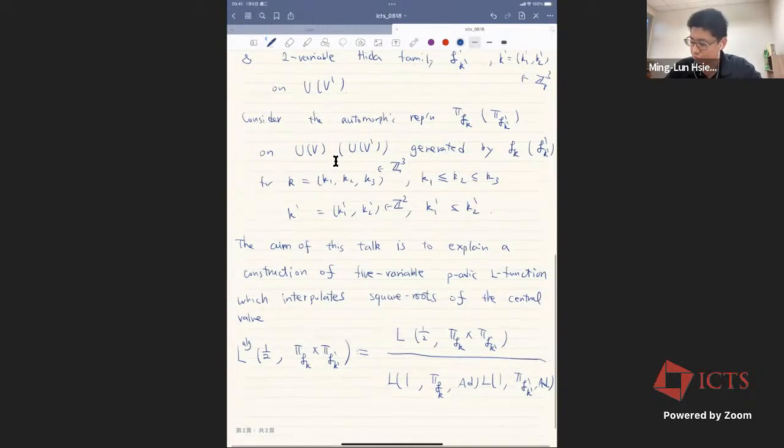I will refer to this number as the algebraic part of these central values of Rankin-Selberg L-functions.